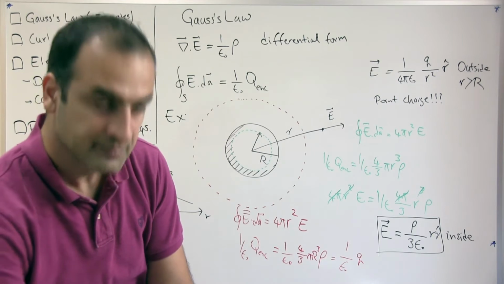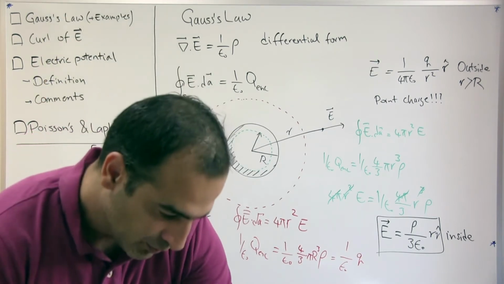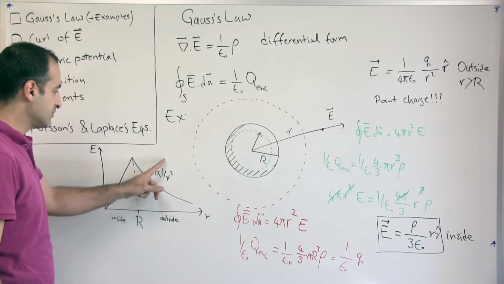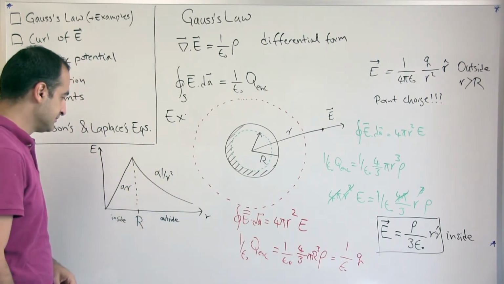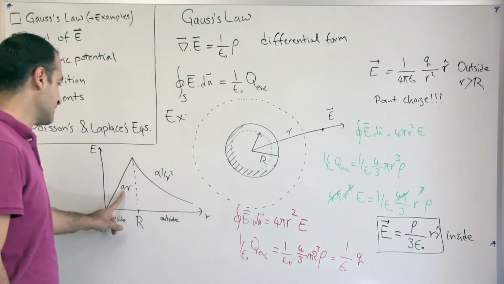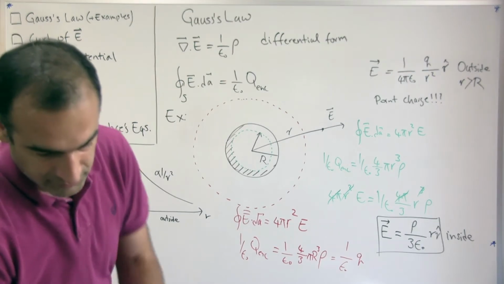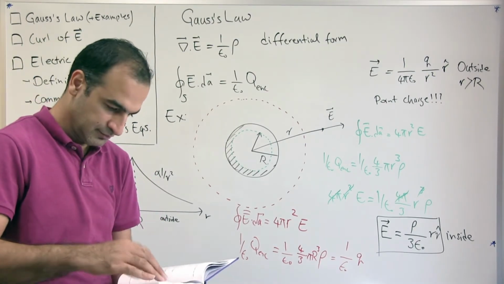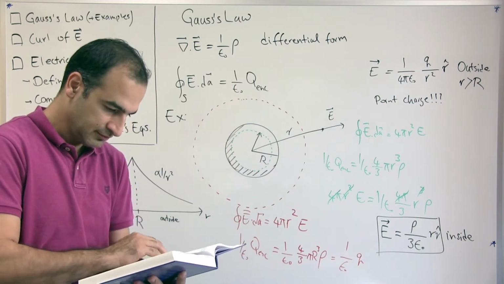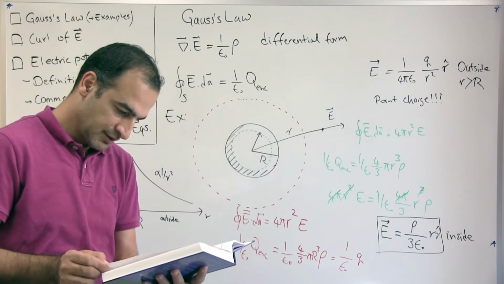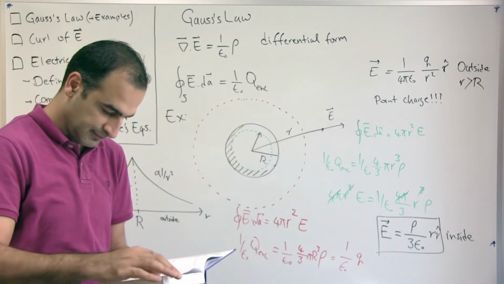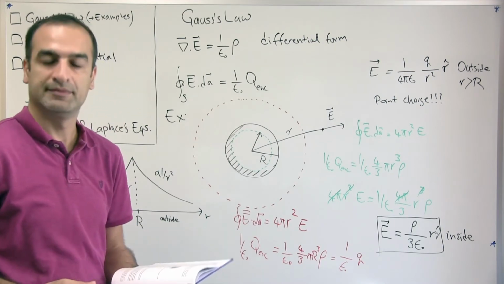Professor, what's the equation on the right side of the graph? This is proportional to 1/r². Gotcha. And this one is proportional to r. So this is an extended version of example 2.3 on page 71.